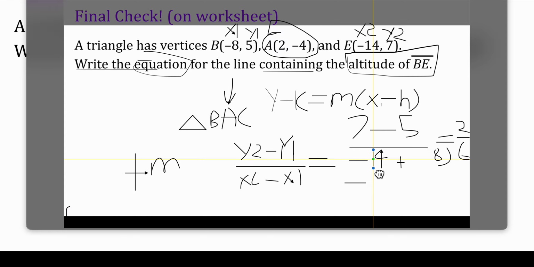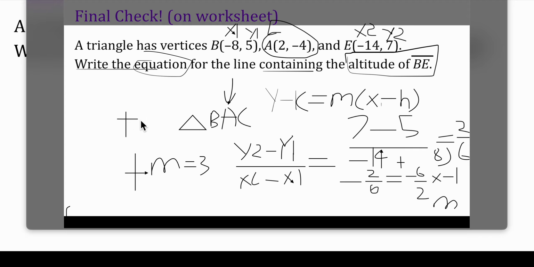So negative 2 over 6 is our normal slope. But we're trying to find the perpendicular slope, which is the negative reciprocal. So we just flip this over and multiply by negative 1. We flip this over to get negative 6 over 2, then multiply by negative 1 to make this the perpendicular slope, so perpendicular m equals 3.